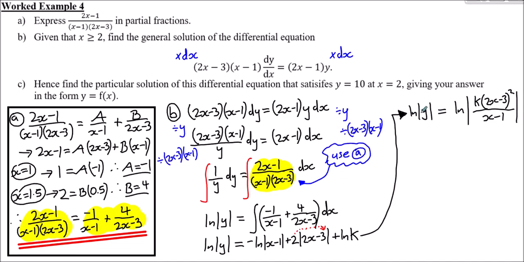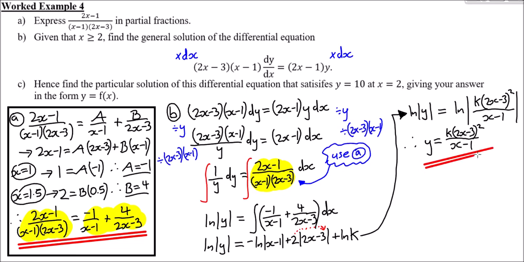So ln mod y equals ln mod of all of this. That can only be the case if y equals k brackets 2x minus 3 all squared all over x minus 1. So therefore, the general solution is y equals some constant k multiplied by 2x minus 3 all squared all over x minus 1.